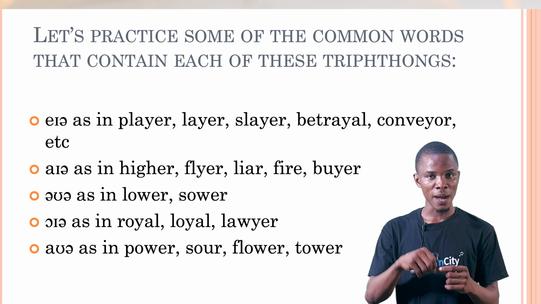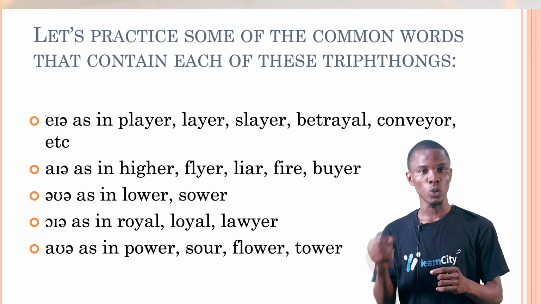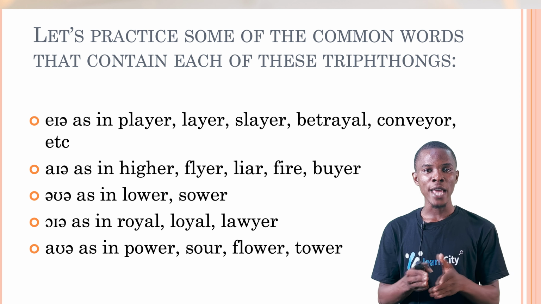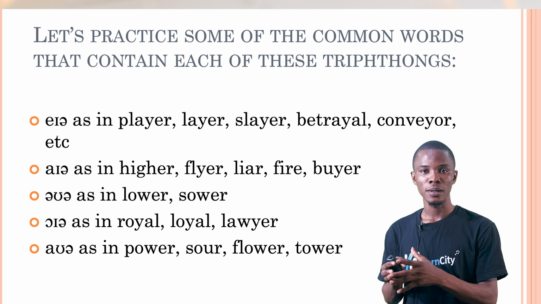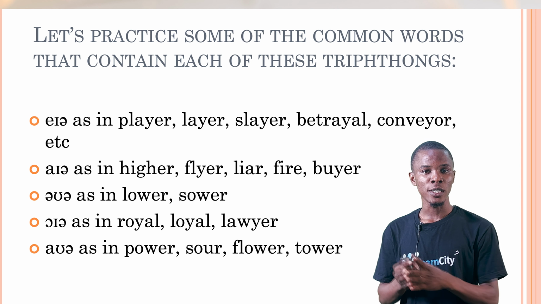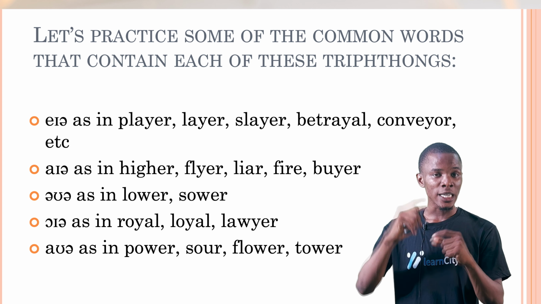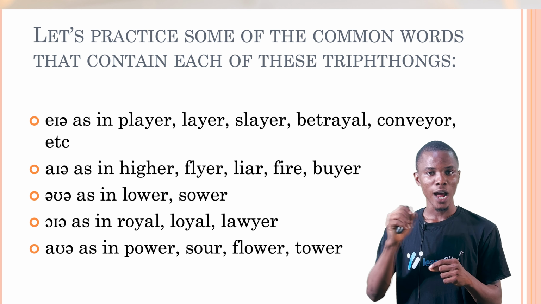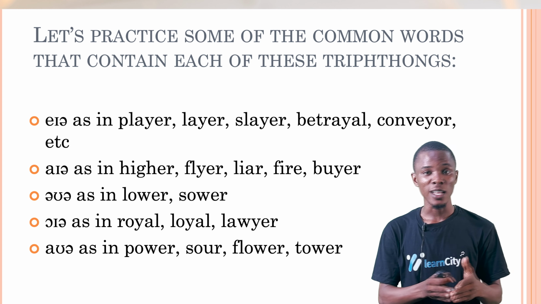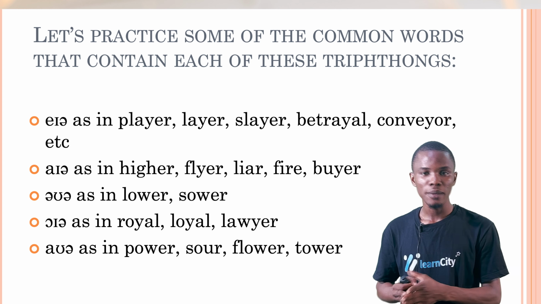So avoid the "ya", and avoid the "yo", and avoid the "wa", all right? And words like "ire", like flyer, like higher, not "hi-yer", but higher. Liar, he's a liar, not "li-yar".